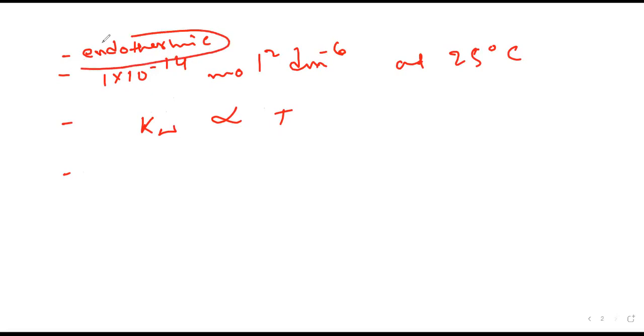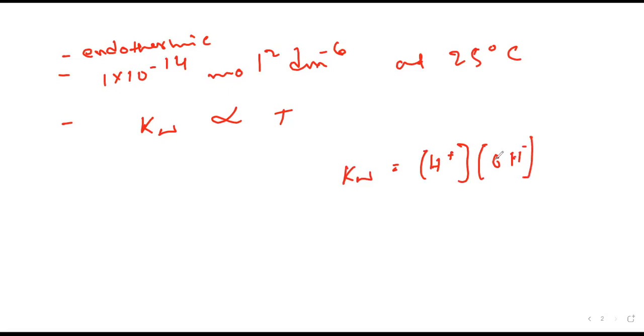Since the reaction is endothermic, if we write the reaction again, Kw equals H plus and OH minus. Before saying what will happen if we change the temperature, note that the forward reaction is the endothermic process.